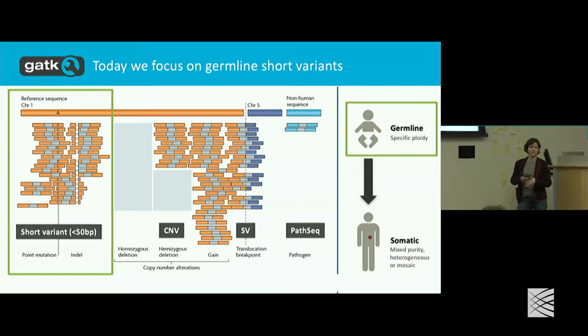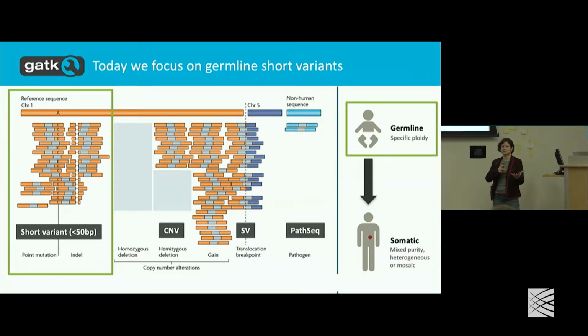And so there are a variety of variants of different sizes. So we're going to talk about short variants, and those are point mutations, or in the germline sense, we call them SNPs typically, for single nucleotide polymorphism, where the polymorphism comes from the fact that, from a population genetics standpoint, that particular site is polymorphic, meaning it has different variations in different people.